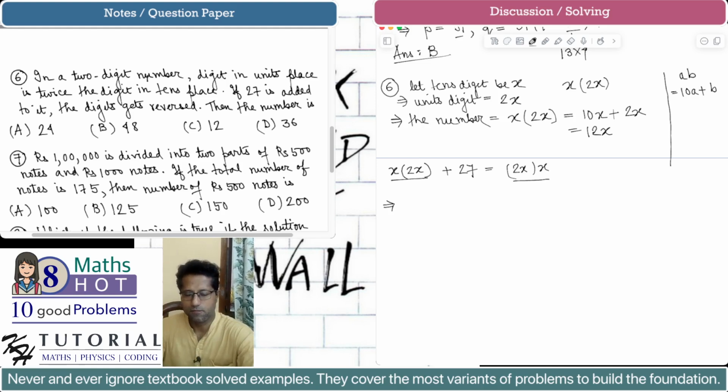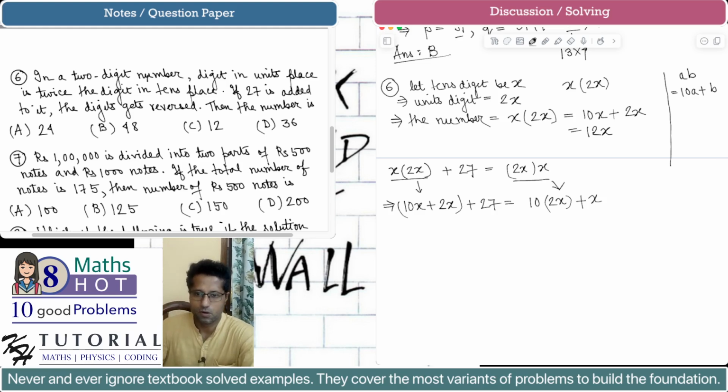Now if we expand the two numbers, we get 10x plus 2x, that is the original number, plus 27 is equal to 10 into 2x plus x. This is the new number formed when the original number was added with 27. So this is the equation we have formed. This is now the linear equation that we need to solve.